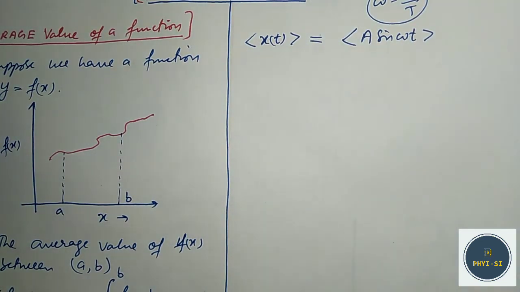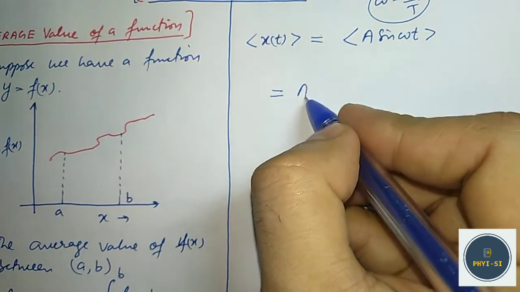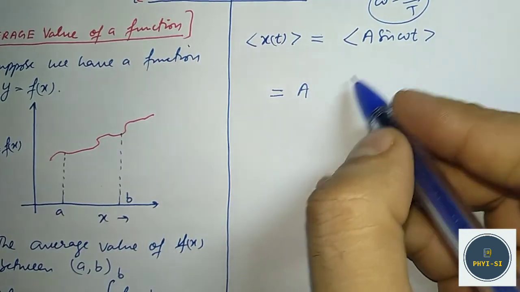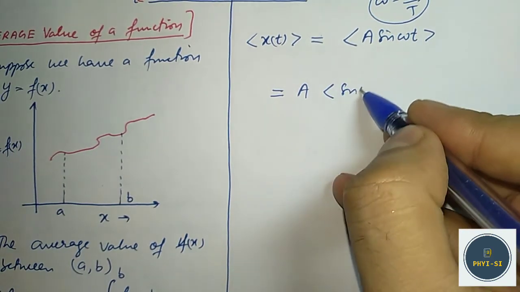We are finding the average value of this function over one time period, and we can find the average value over half of the time period or 3/4 of the time period, whatever. Since a is a constant, we can take it outside the average value bracket.